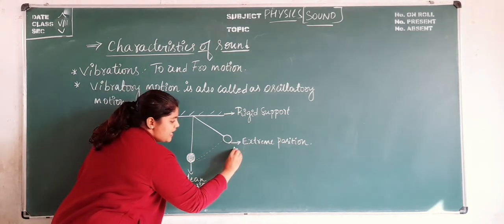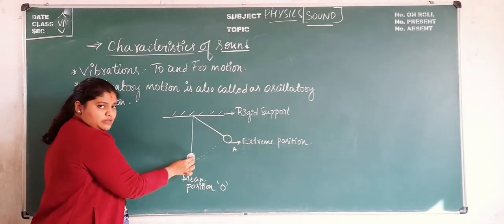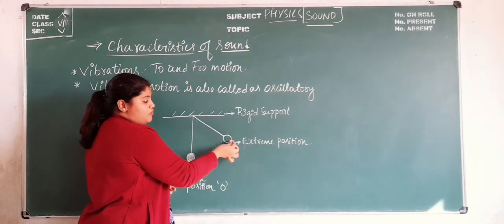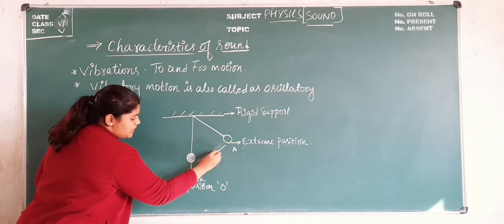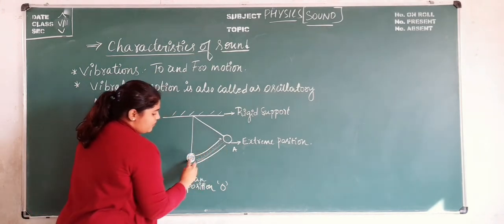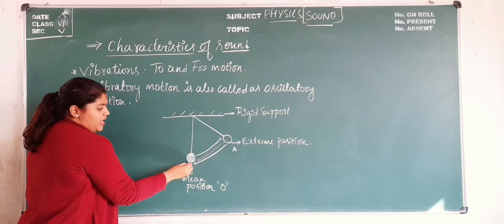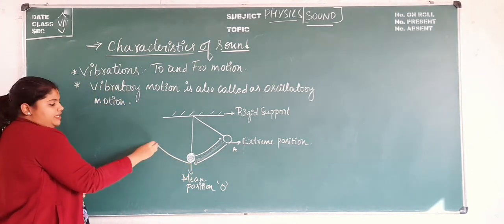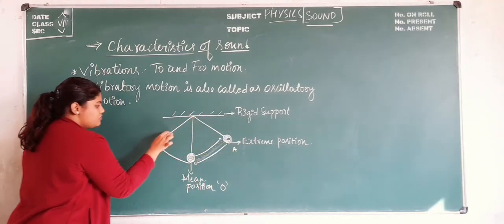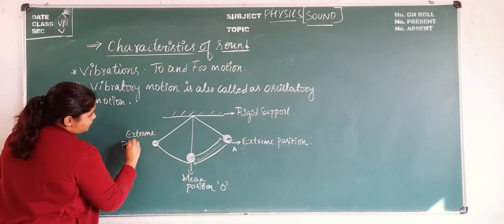We shall name this point A, and we shall name the mean position O. First it was at point O. When I raised it to some height, it moved from point O to A. When I release it, it moves from point A to point O, and then point O to some point B. This is also called an extreme position.